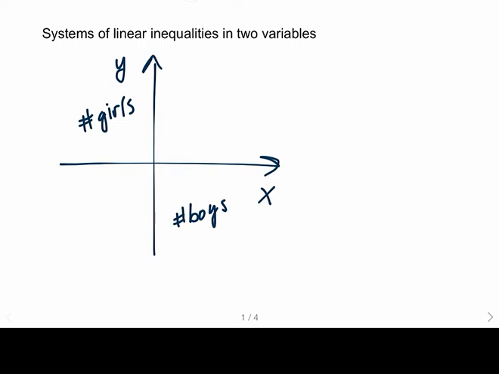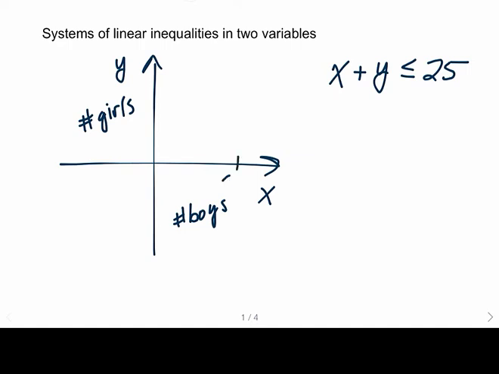And suppose that we have a bus that seats no more than 25 people, not including the driver or the teacher. Nobody counts them anyway, right? Then it should make sense that the number of boys, x, plus the number of girls, y, is less than or equal to 25. And what we have here is a linear inequality in two variables.